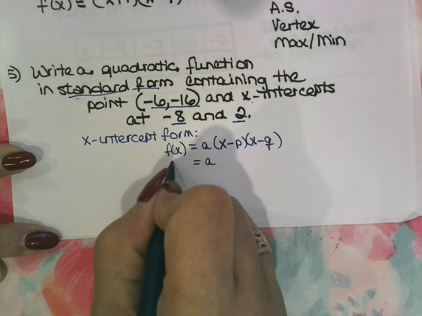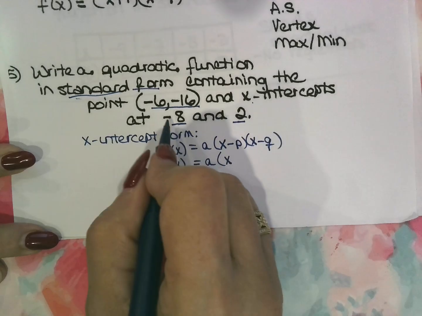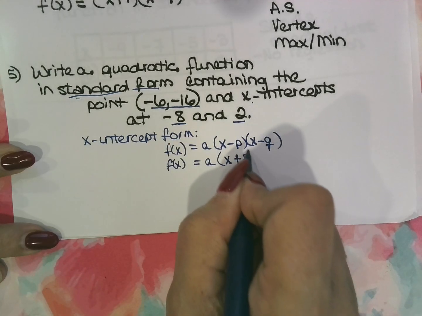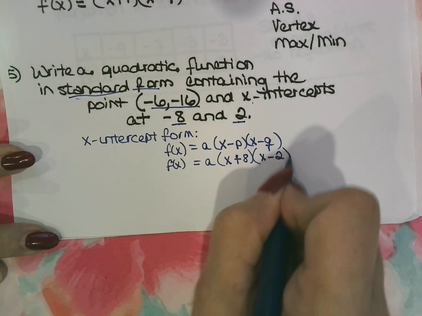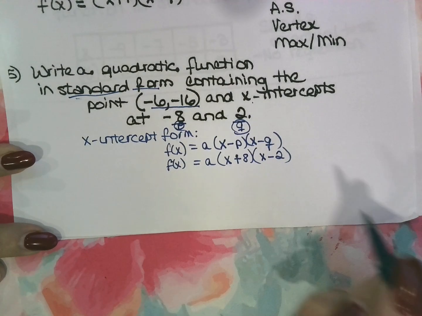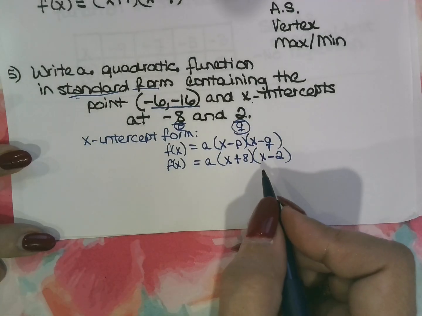So this is going to be x minus -8, which is going to be x plus 8, and x minus 2, if this is p and this is q. And it doesn't matter, you can switch them around, just make sure you put the right one where it goes.